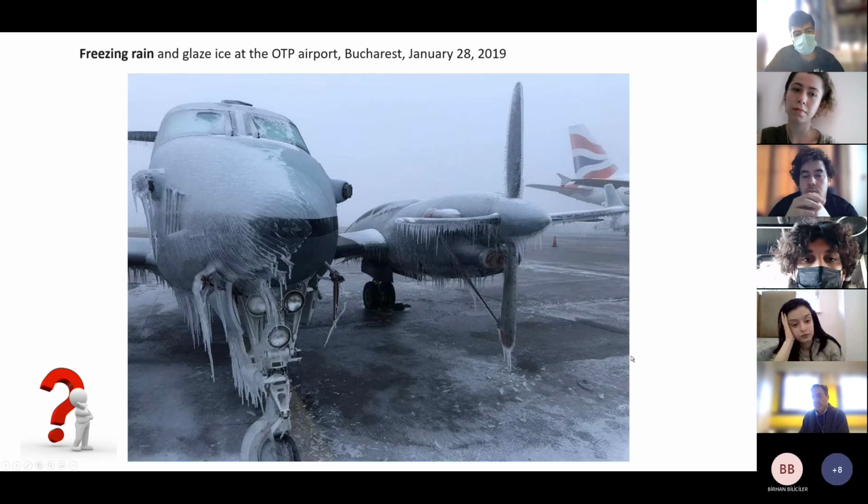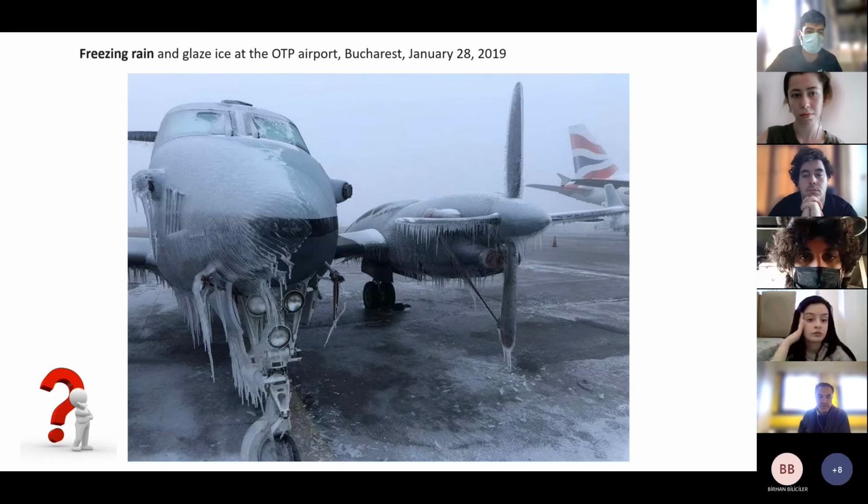Okay, so let's have this figure and see what kind of precipitation we had here, for example.